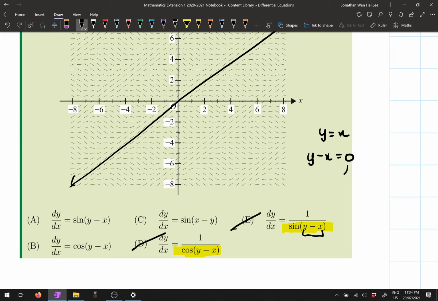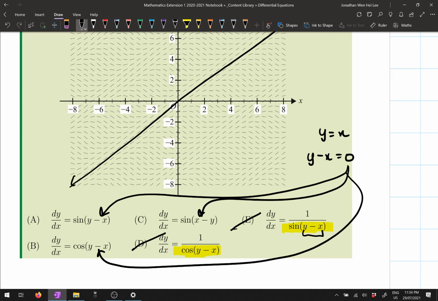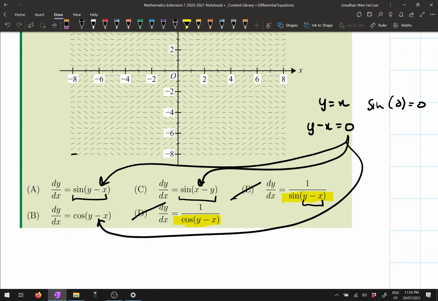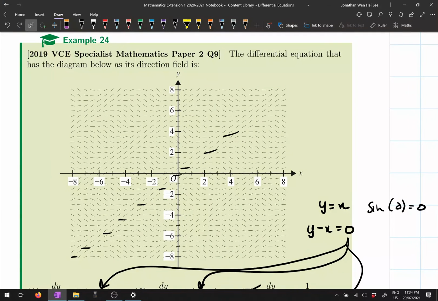So if I sub in 0 into any of these trig functions, that can tell me the gradient at those particular points along the line. Now if I sub in 0 into sine, what do I get? Well, sine of 0 is equal to 0. And so what I should expect to see on this line for these sine ones is horizontal gradients, a whole bunch of horizontal gradients along this y equals x line.